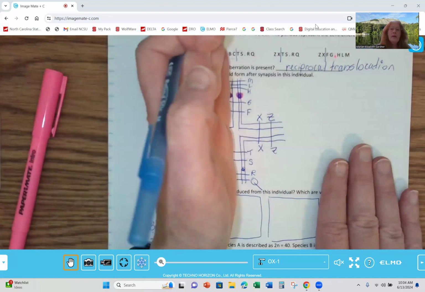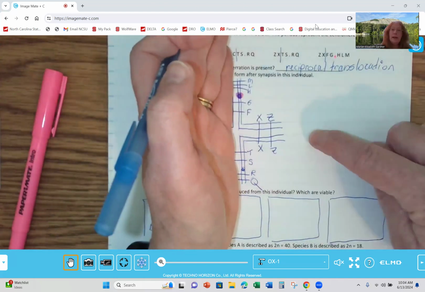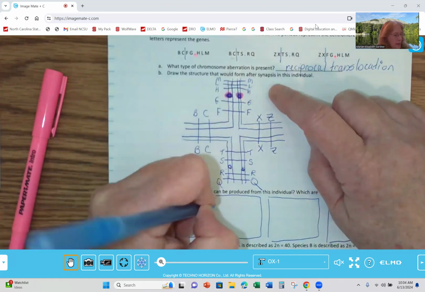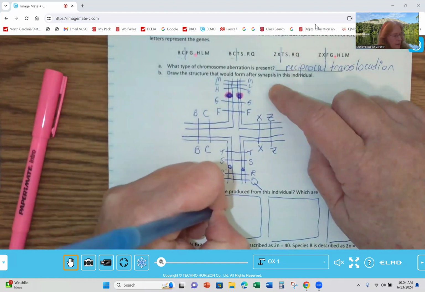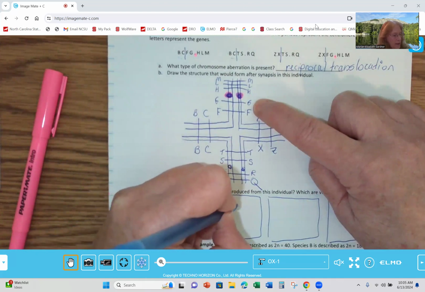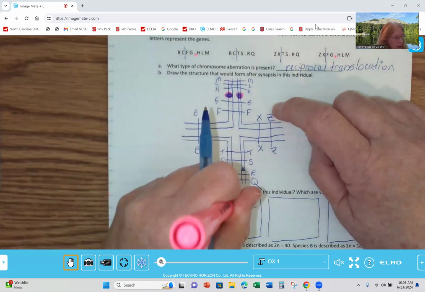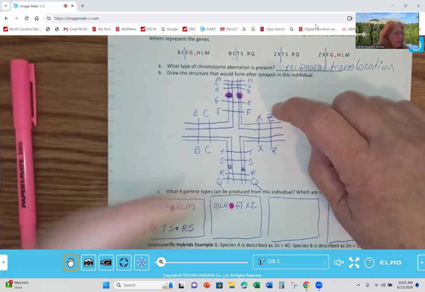So let's look at the other side. If we had gone and taken the right side, MLH centromere, GF, X, C, and that centromere is the pink centromere.